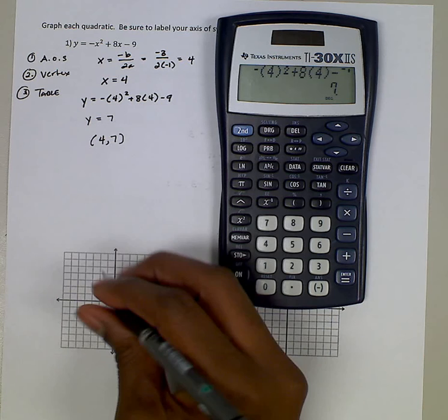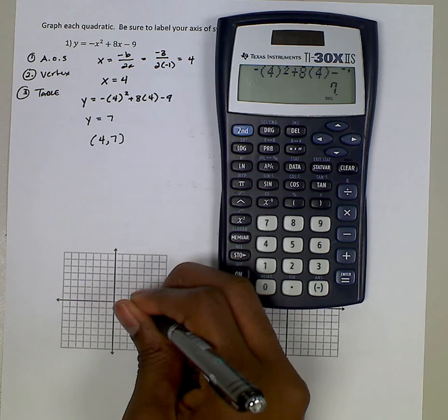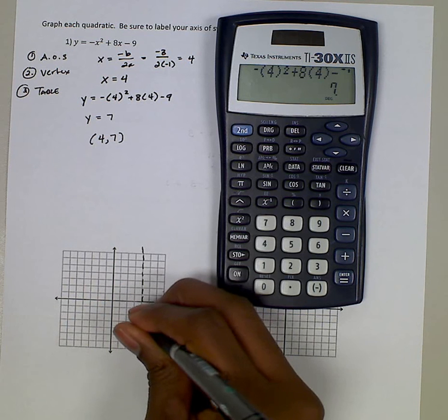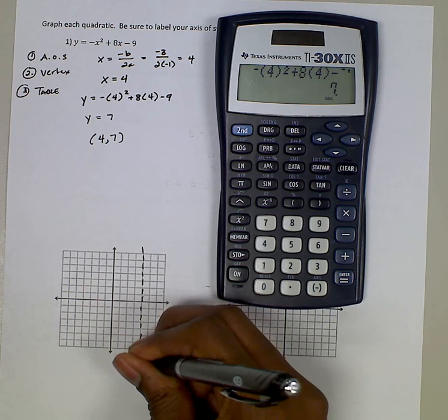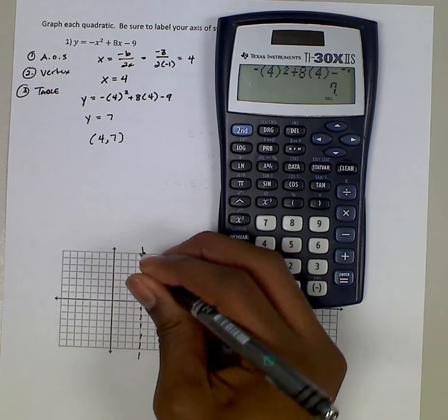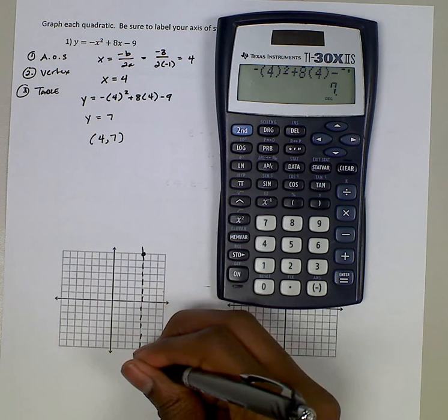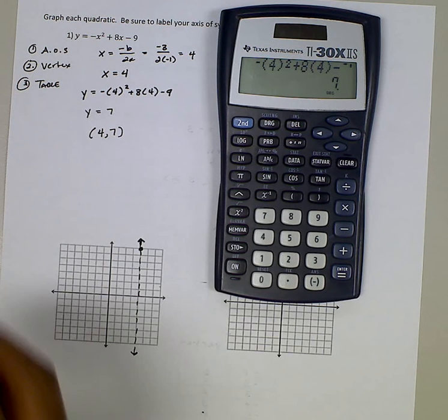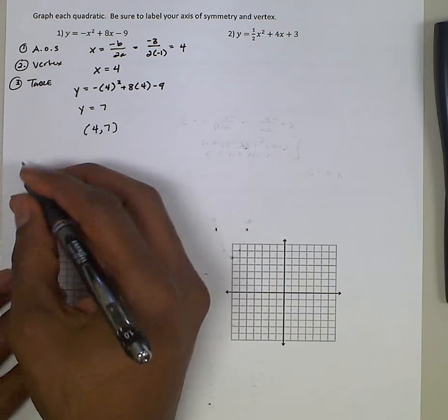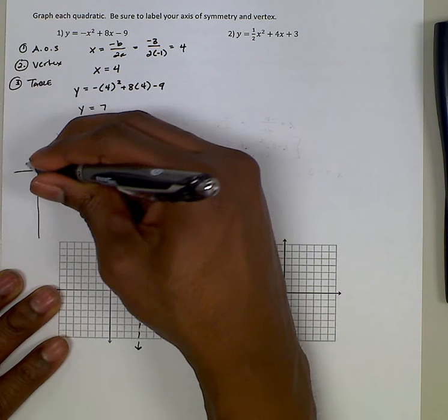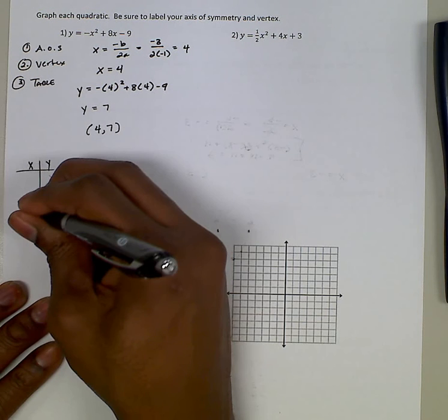Okay, so 1, 2, 3, 4. X equals 4 is our axis of symmetry. Seven is our vertex. 4, 7 has to be on that axis of symmetry. Alright, and so now I'm going to make my table. X, Y. I know that 4, 7 has to be in the middle.